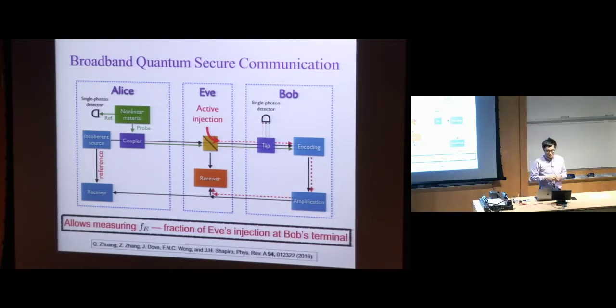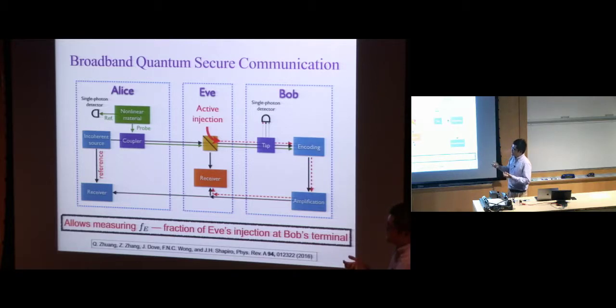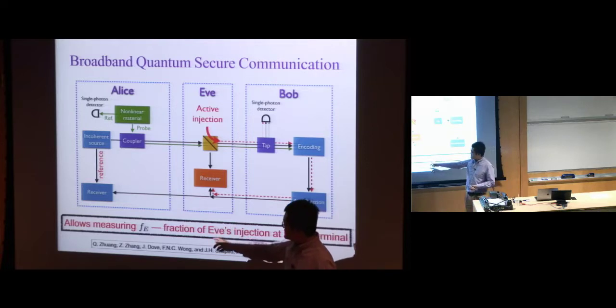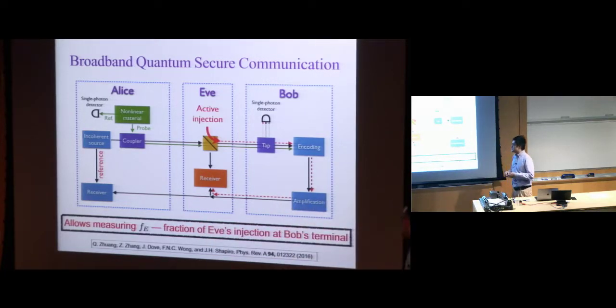Just by measuring the coincidence rate, whether Alice's and Bob's photons arrive at the same time, they can rule out Eve's active injection. More quantitatively, they would measure the fraction of Eve's injected light at Bob's terminal.